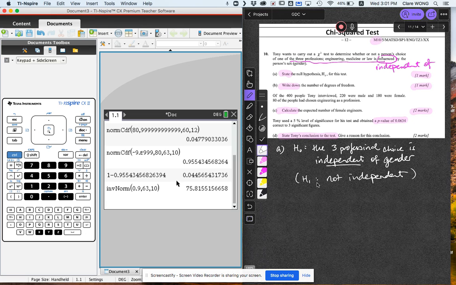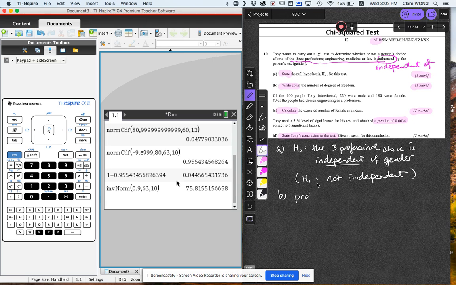Right. That's A done. B, write down the degrees of freedom. How do we know the degrees of freedom if we don't even see the table? Can we create the table ourselves? So you have two categories. You have the profession and you have gender.